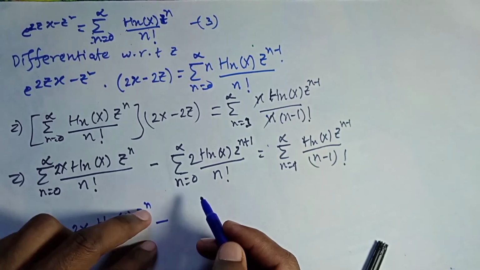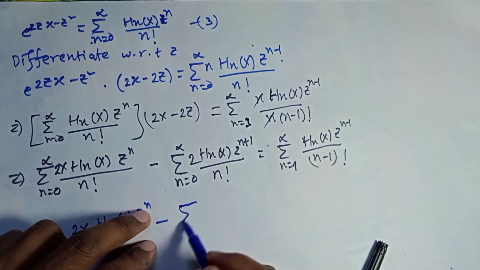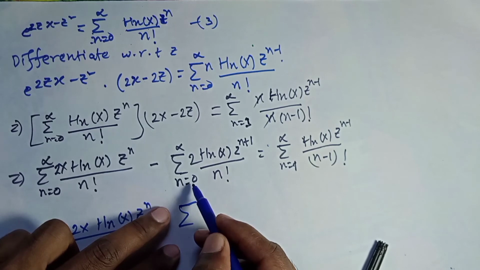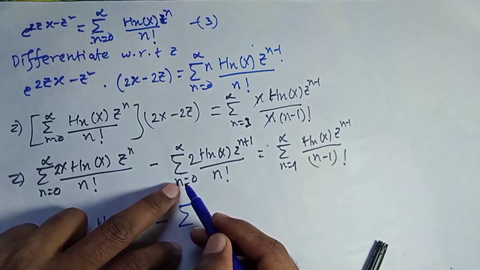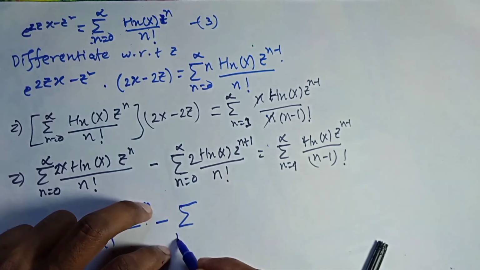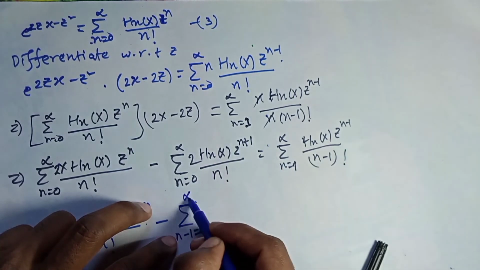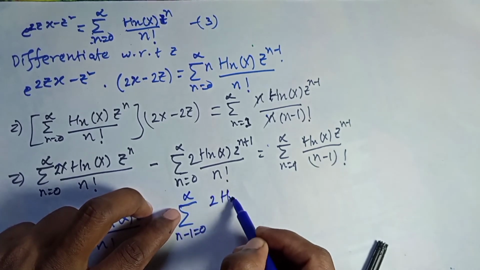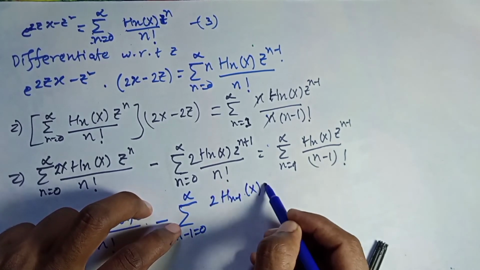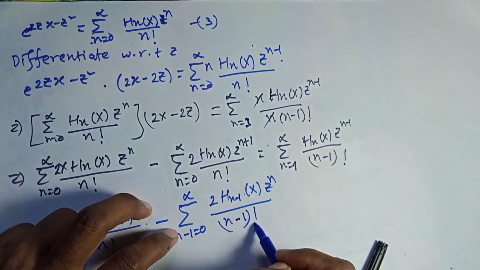Here, how do we get z to the power n? If we substitute n is equal to n minus 1, then we get z to the power n, that is, the summation of 2H n minus 1 of x, z to the power n divided by n minus 1 factorial.